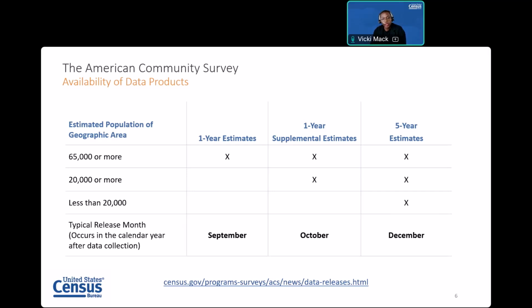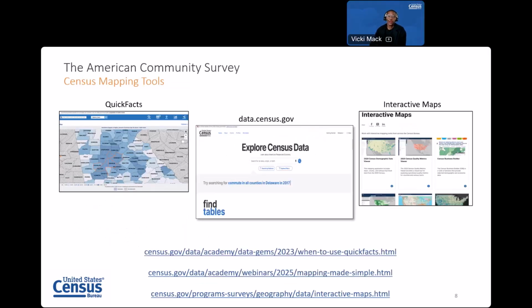For example, the 1-year ACS data collected from January 1st through December 31st of 2024 were released in September of 2025. The Census Bureau provides several tools that allow you to map data.